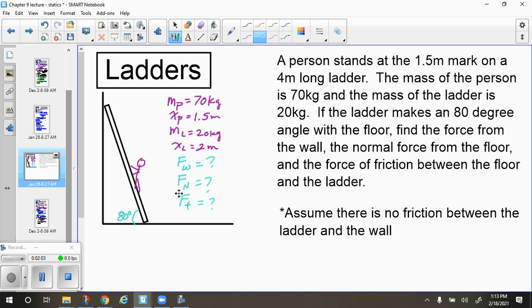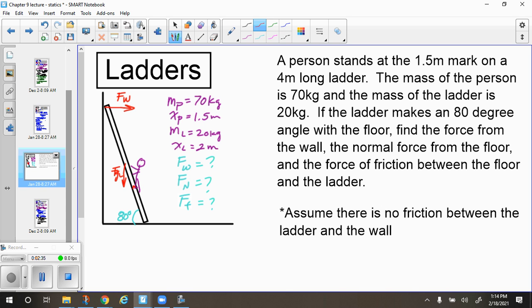So the first thing that we need to do is draw all the forces acting on our beam. Let's do that in red. So we have the force of the wall on the ladder, and that's just acting perpendicular to the wall. And there's no frictional force there. We have the force of gravity of the ladder, acting straight down, and that acts at 2 meters, halfway.